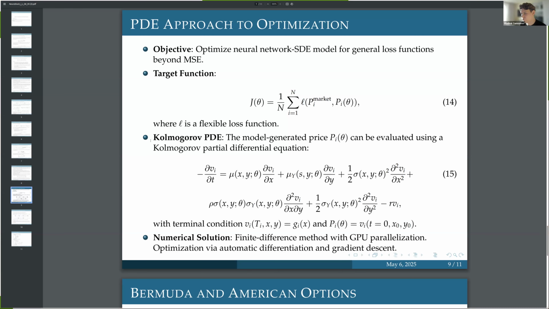You can solve the Kolmogorov partial differential equation, or what's similar, the Fokker-Planck partial differential equation.